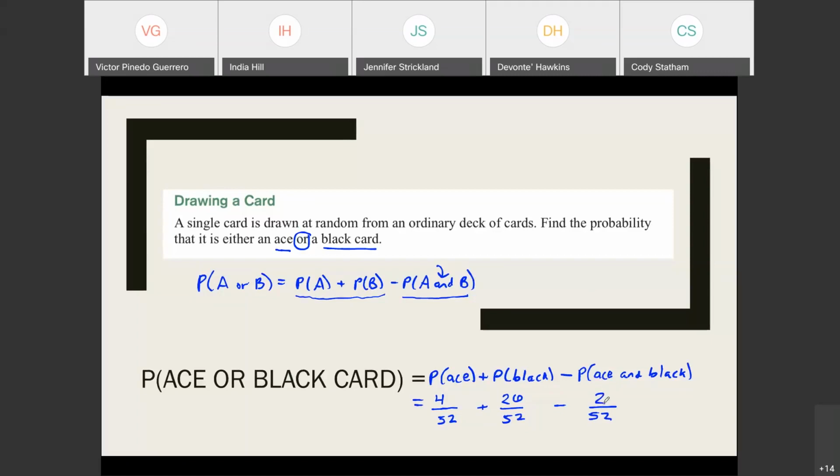All right, so let's add and subtract on the top. So 4 plus 26 is 30. Minus 2 is 28. I'm just doing that math on the top, still keeping it over 52. All right, and that fraction is going to reduce to 7 over 13. They're both divisible by 4, which will give me 7 over 13 for my final answer. All right, any questions there?